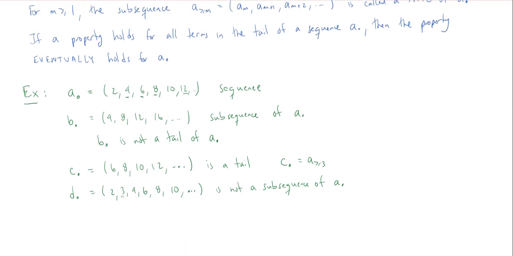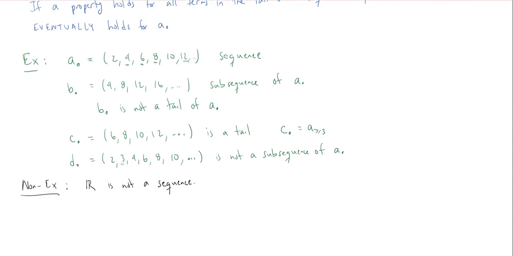How about a good non-example? If I look at the set of real numbers, the set of real numbers is not a sequence. How do I know it's not a sequence?